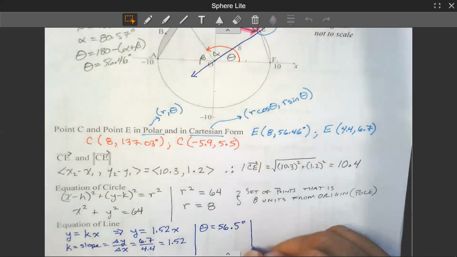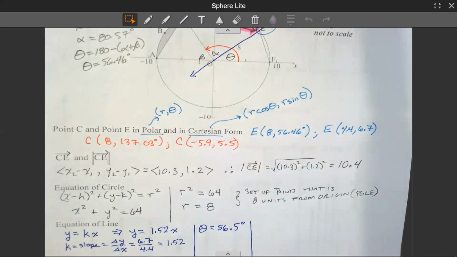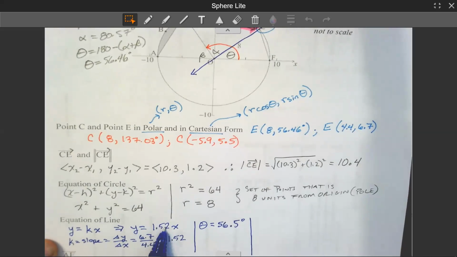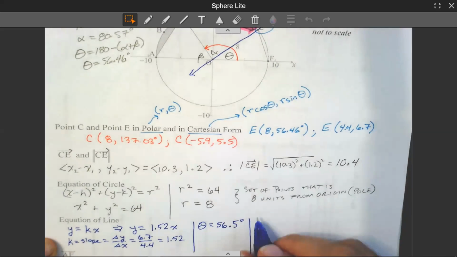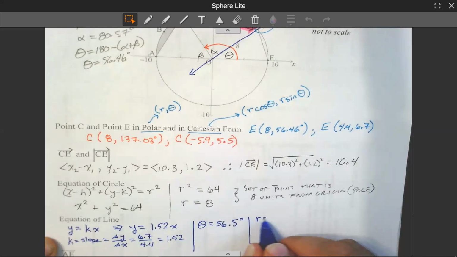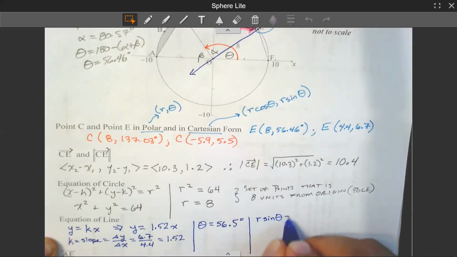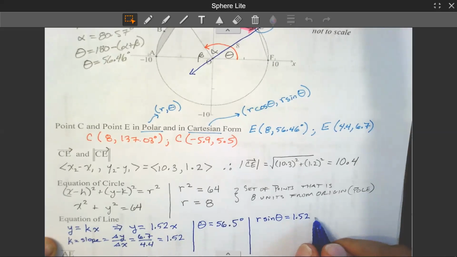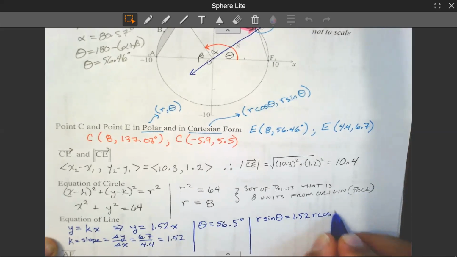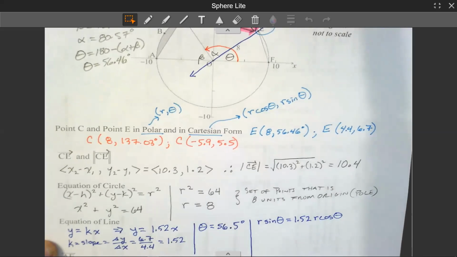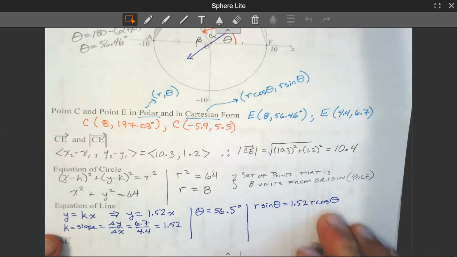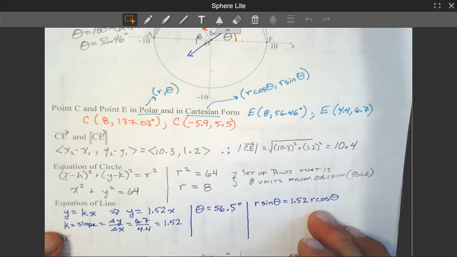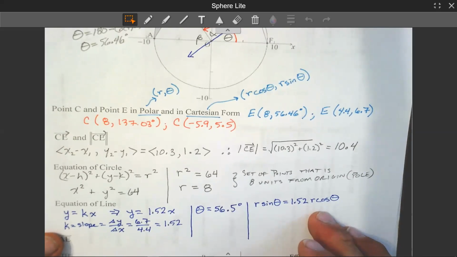The better approach to be familiar with is to know that I have y = 1.52x. So using my substitutions, r sin(theta) = 1.52 r cos(theta). Now, I have an r on both sides, and I know that r is not 0.